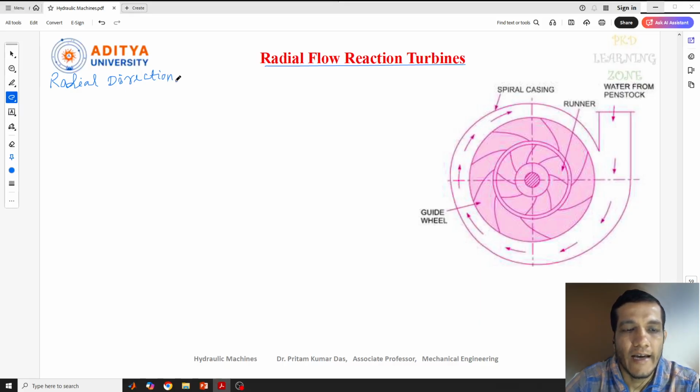And in these radial directions, this radial flow reaction turbine is of two types. One is inward flow reaction turbine, another one is outward.